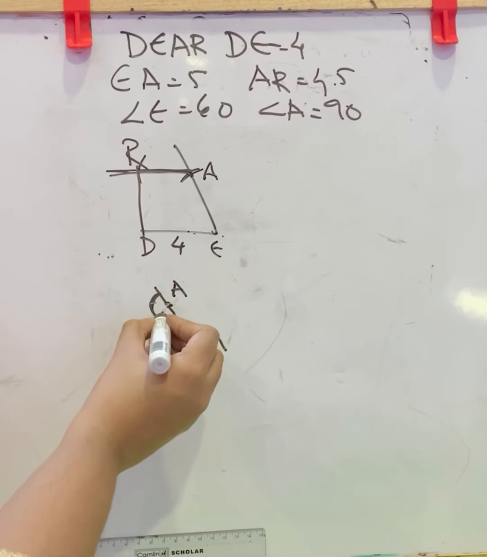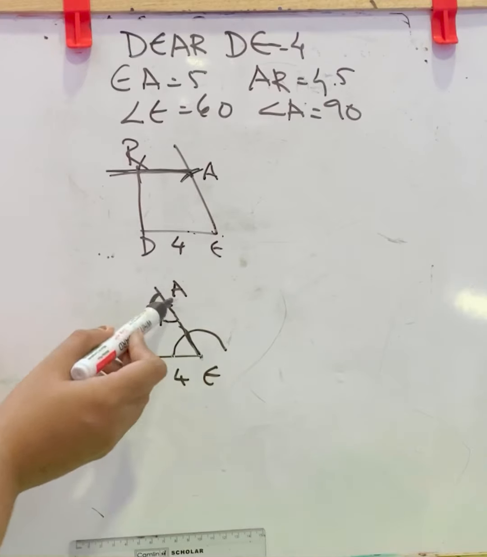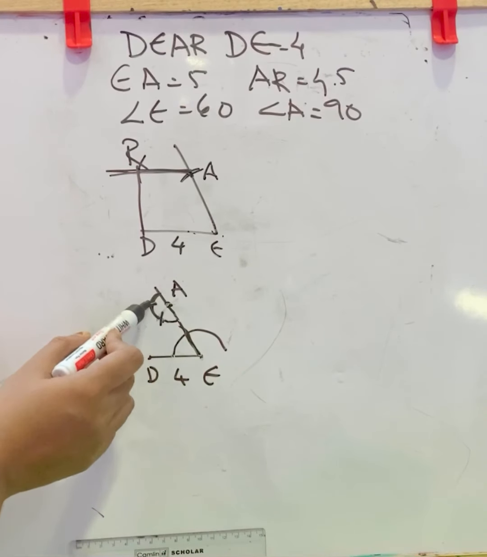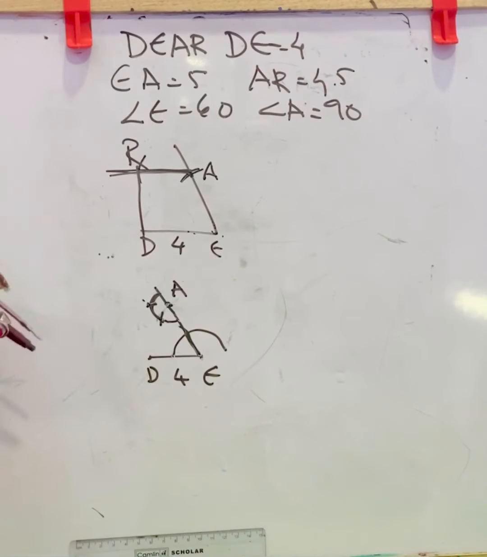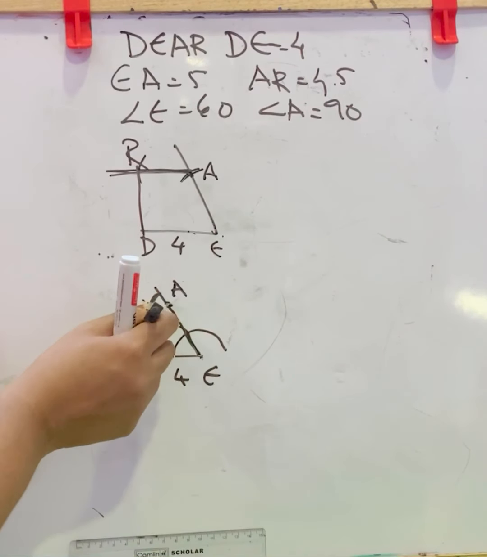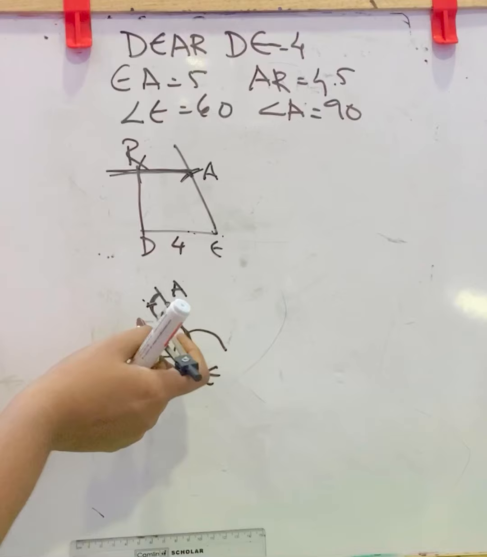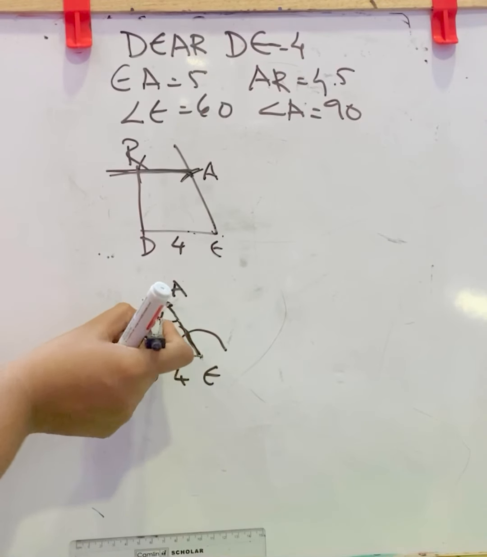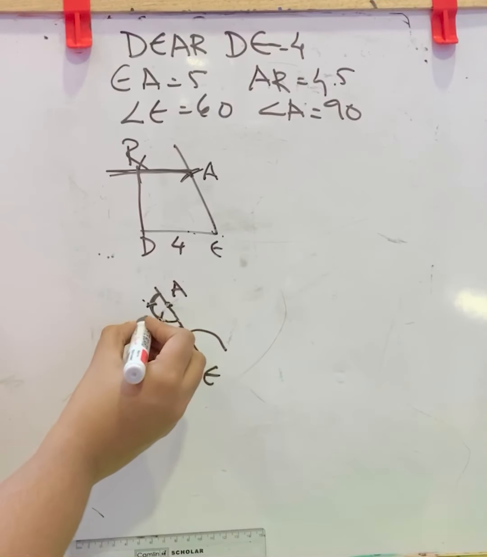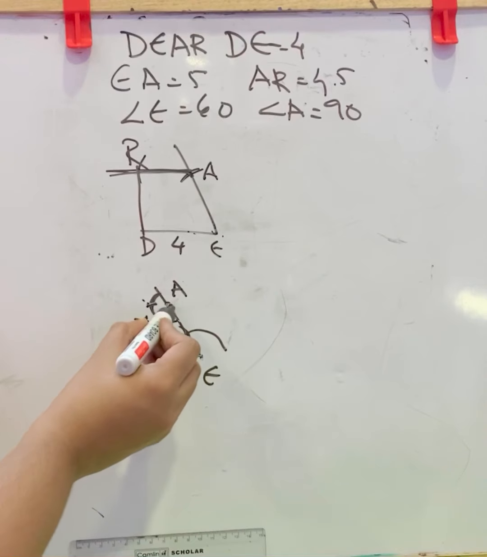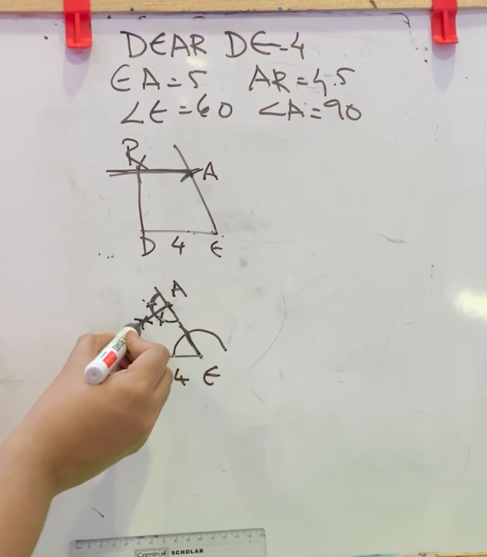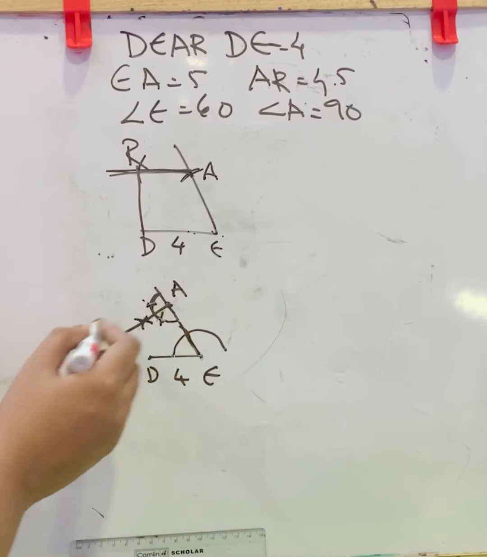2 cuts. This is 60, this is 120. Now consider these 60 and 120 and draw the bisector of that. Keeping the compass here, you will draw an arc, and from here also you will draw another arc. This is the bisector. Draw a line segment and extend it. This is 90 degree.